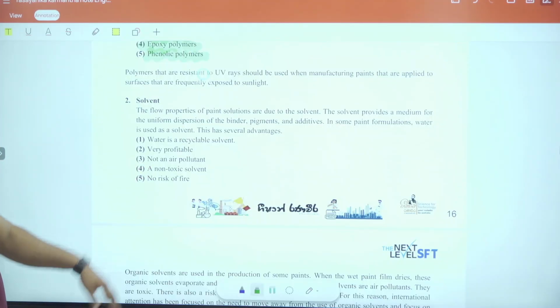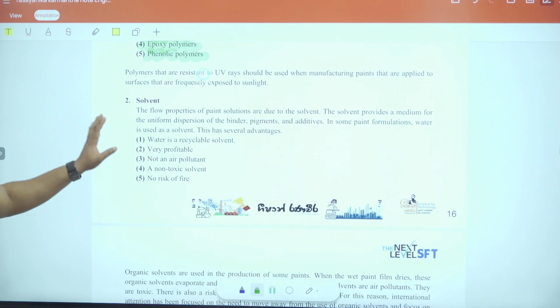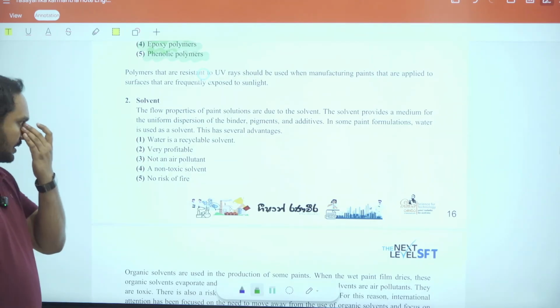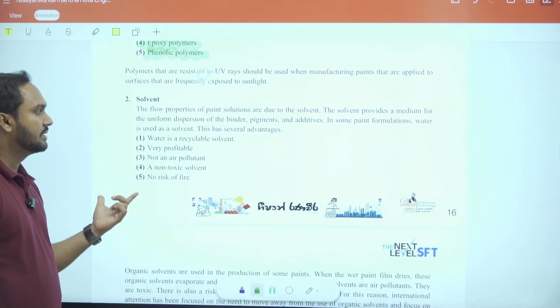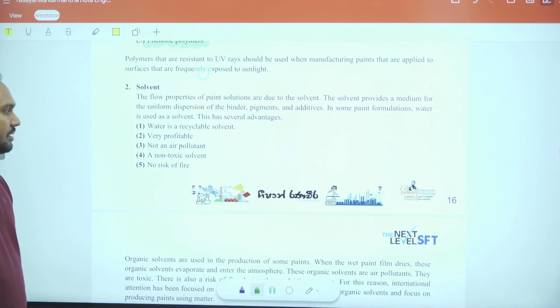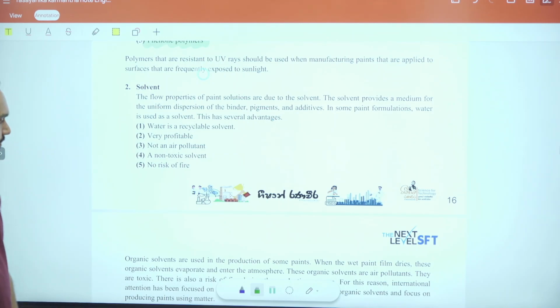Now these are the advantages of water as a solvent, right? What are the advantages of using water as a solvent? Water is recyclable and very profitable, not an air pollutant, non-toxic, no risk of fire, right?